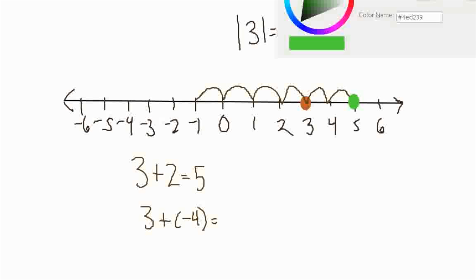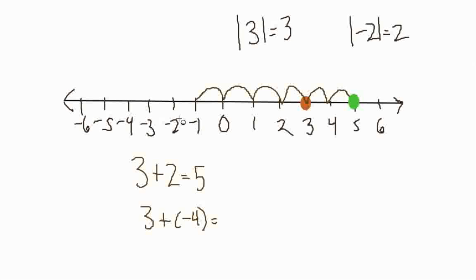And where did I end up? I ended up on the -1 position. So that's why the answer to 3 plus -4 is -1. Can you see how the number line and thinking about hops to the right or left really clears up if you've had trouble with negatives and adding and subtracting negatives?